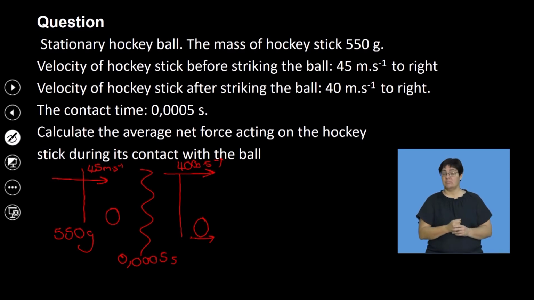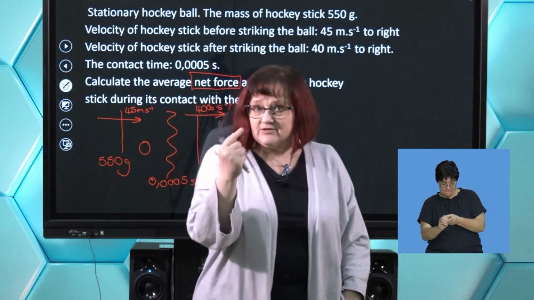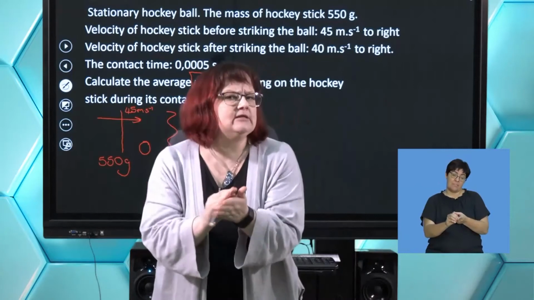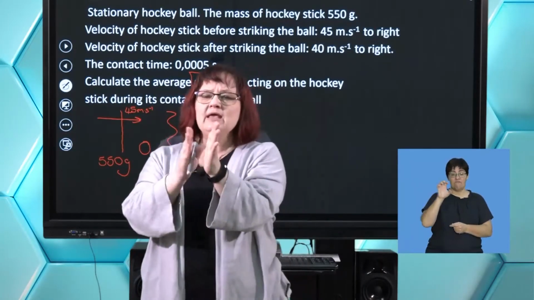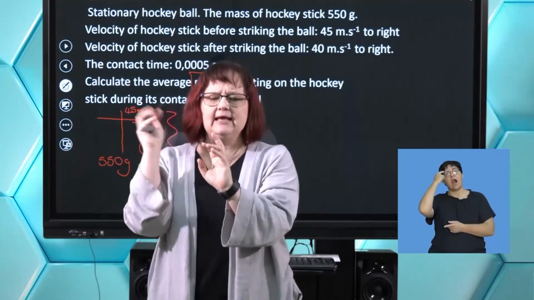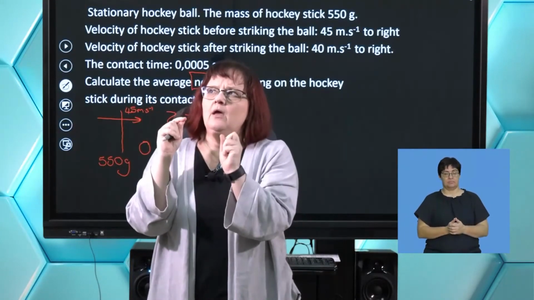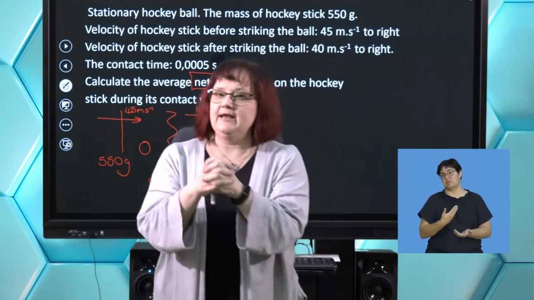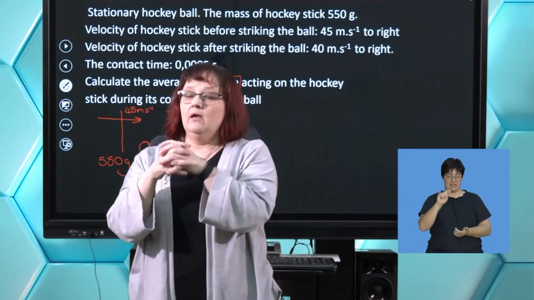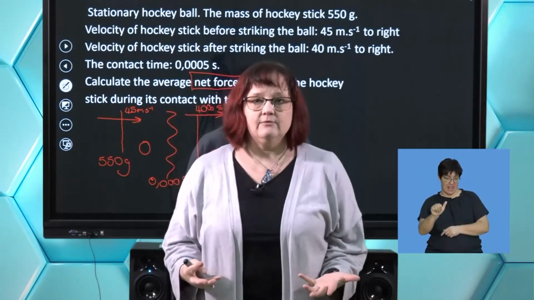Now they tell me, calculate the average net force acting on the hockey stick during its contact with the ball. Net force. As soon as we see the word net force, we must be thinking Newton's second law. Okay? So, I could go F net equals ma if I could work out the acceleration.